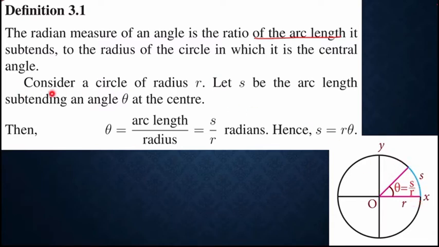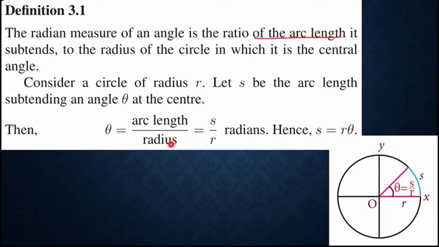Okay, so consider a circle of radius r, let s be the arc length subtending an angle theta at the center. So the angle of the sector is denoted by theta and theta is equal to arc length divided by radius, s divided by r radians. It is an important formula.